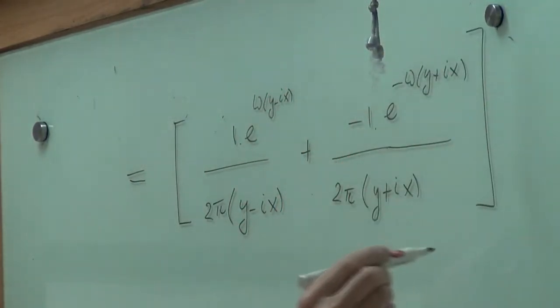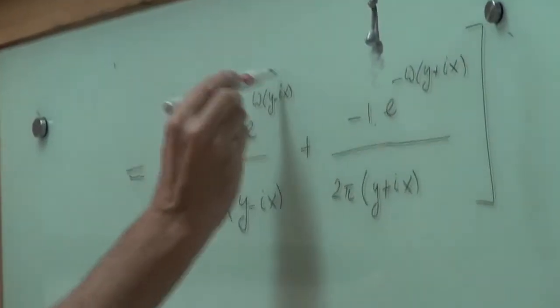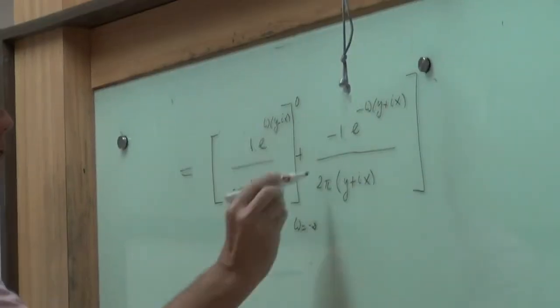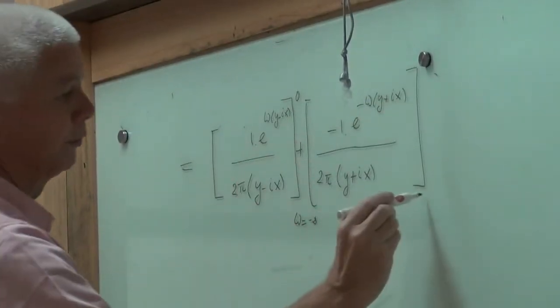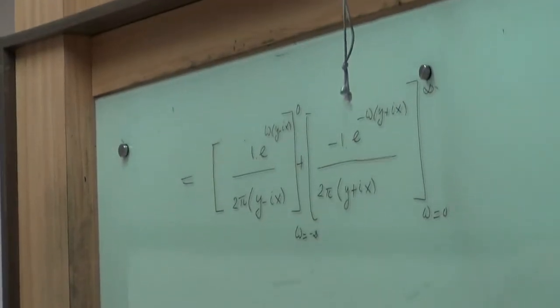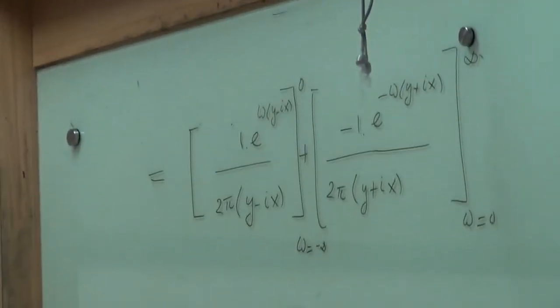And then this has to be computed between omega is minus infinity and 0, and this has to be computed from omega is 0 to infinity. Okay.